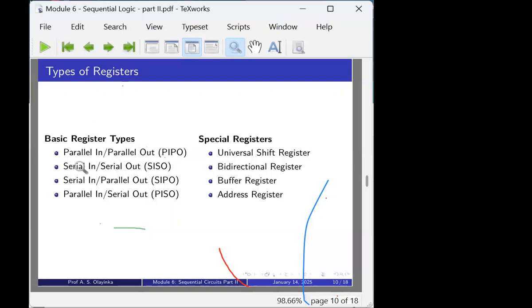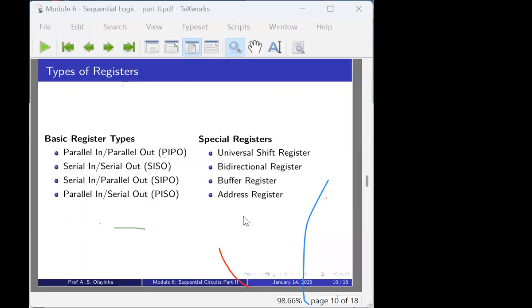You can also have a situation whereby you will serialize all the inputs and also serialize all the outputs. And then the next one is that you can also serialize inputs and then output in parallel. And then lastly, you can also have all the inputs in parallel, and then you have all the outputs come out in series, depending on the one that fits into your application.